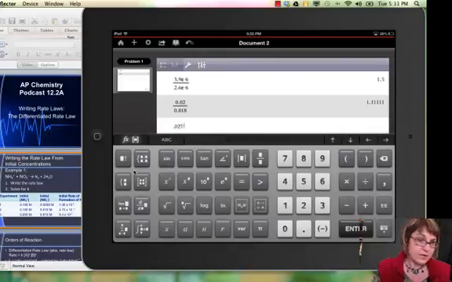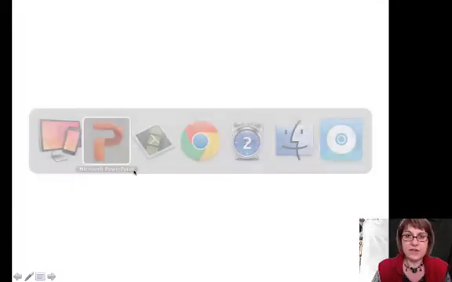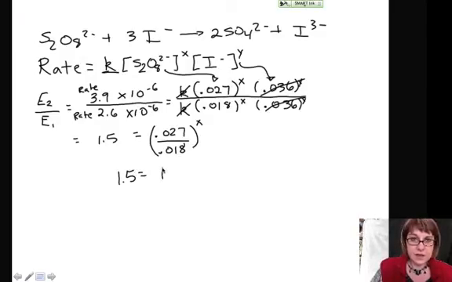0.027 divided by 0.018. Hey, that's better, it's 1.5. And this is going to make my math easy. Usually you're going to end up with numbers that work. So this tells us 1.5 is equal to 1.5 to the X power. So what is the value of X?